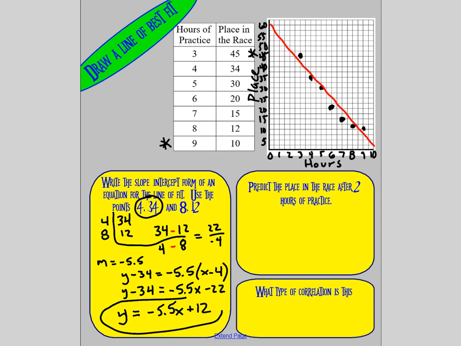Okay, so we want to predict the place in the race after 2 hours of practice. If I look on my chart, there's actually 2 ways to do this. You can either use the equation or you can look on your chart. After 2 hours of practice, my line's right about there. You could expect to take about 47th place.